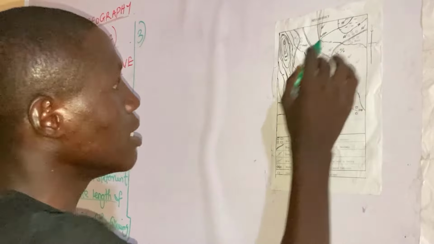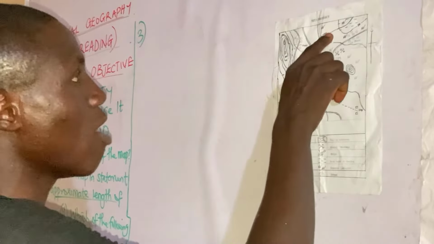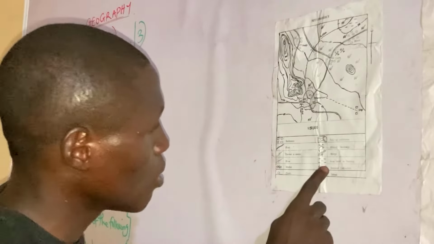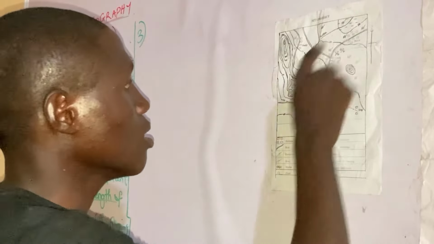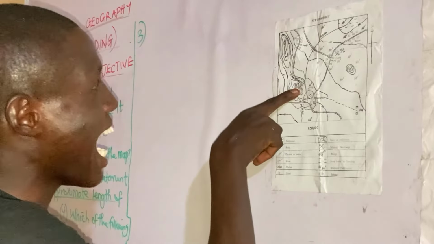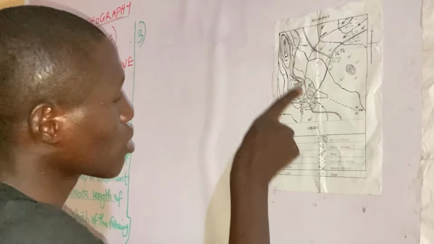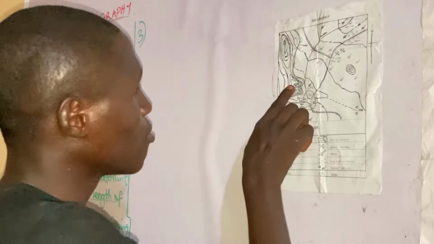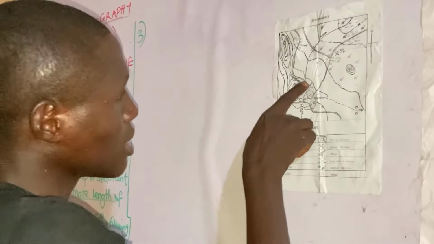How do I know it is a river? The River Fond starts from this point. This is a high ground. This is a ridge. This map structure is a ridge. It is like the top of a hill.